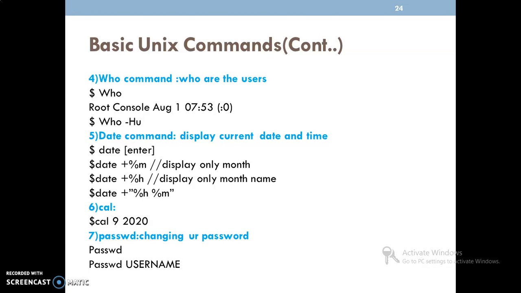Here root is the name of the user, console is the terminal name, August 1 indicates the time and date, and 0 is a comment representing the username. This way we need to understand the who command.